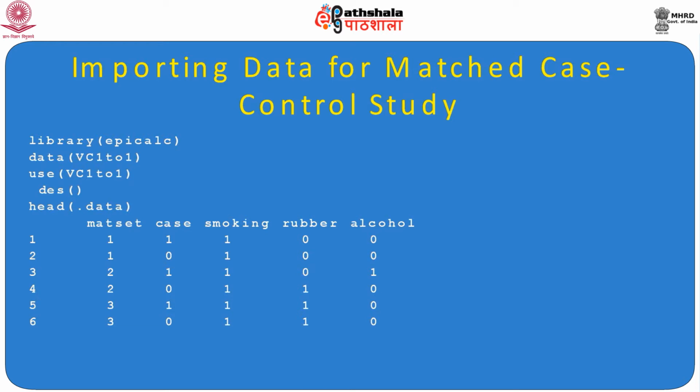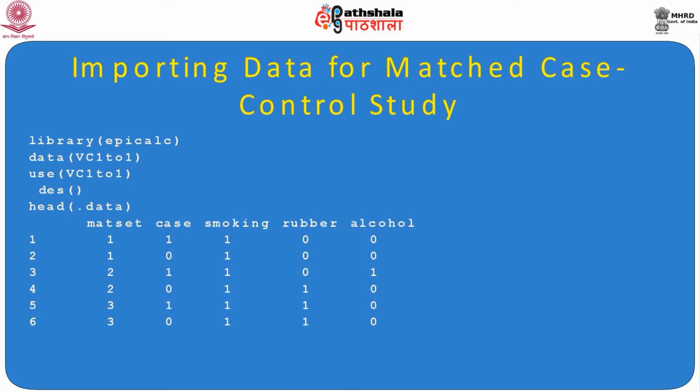One individual was from cases with rubber no, but the control was yes, and for alcohol the case was an alcohol taker, while the control was not an alcohol taker. So this is the ideal data set for matched case control analysis, and for your own data set or another data set, we have to prepare the data set in such a way to go for further analysis.